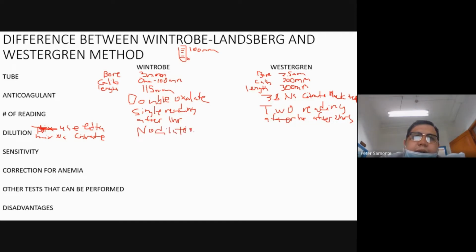So, no dilution. Sa Westergren naman, pwede. You could use 0.6 ml of 3.8% sodium citrate with 1.4 ml of blood na may EDTA.